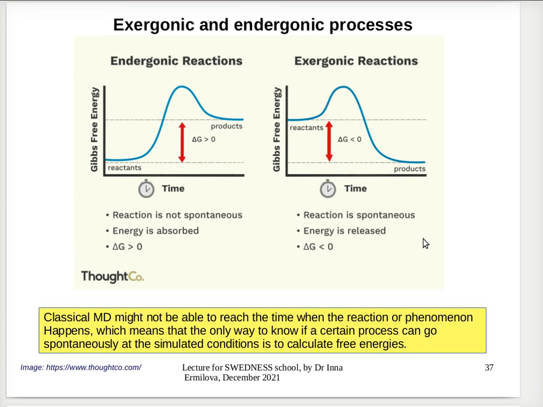So basically, what we're going to see in the simulations, maybe we'll see this phenomenon, but still it will not be sure unless you do free energy calculations. So in some cases, like for instance a molecule penetrating membranes, or if you want to see binding of something to something, it's a very good idea to perform this kind of calculations.